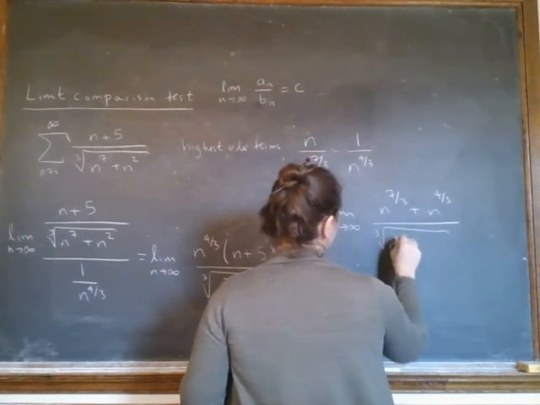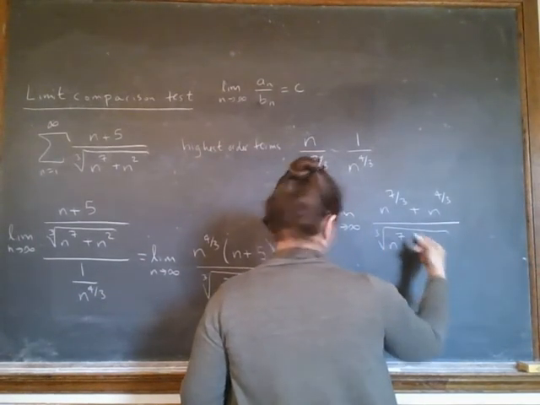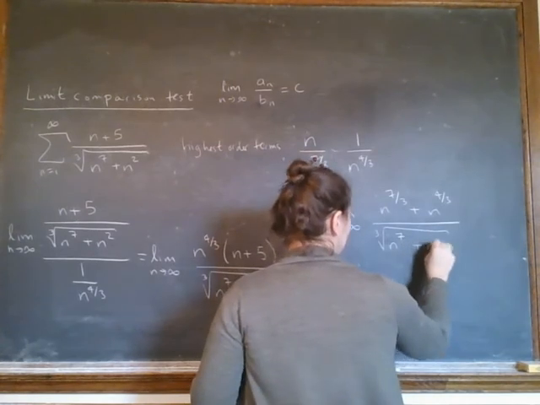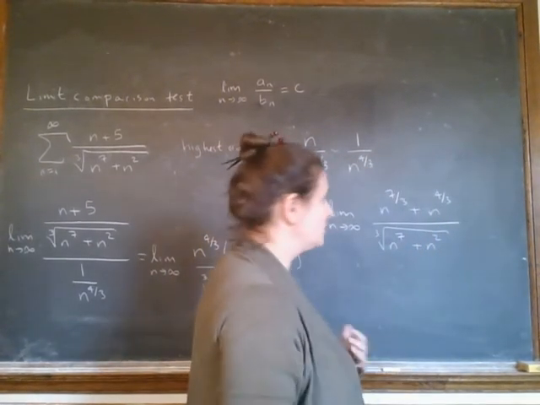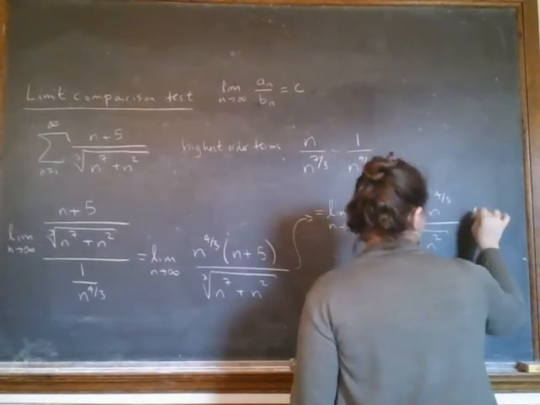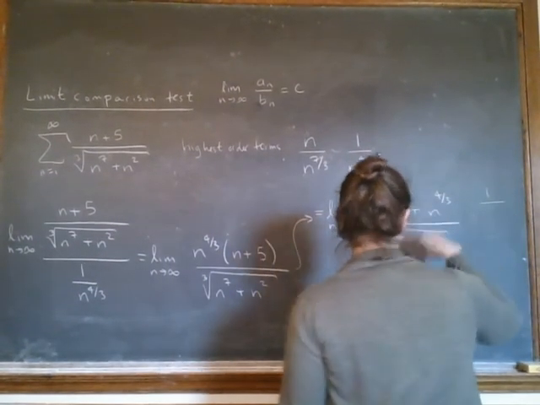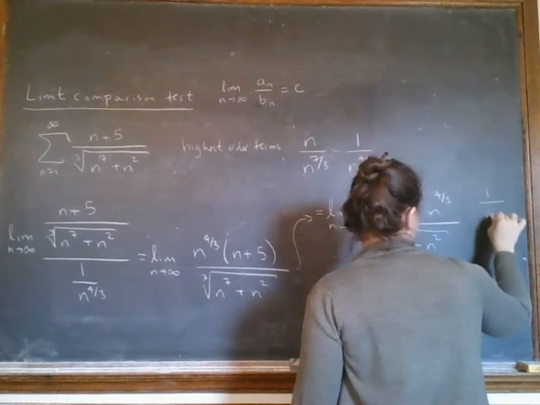Now, I can't technically break this up, of course, because the cube root doesn't distribute that way. But I can still do the same thing. You can see I do have the same thing on top and bottom here.